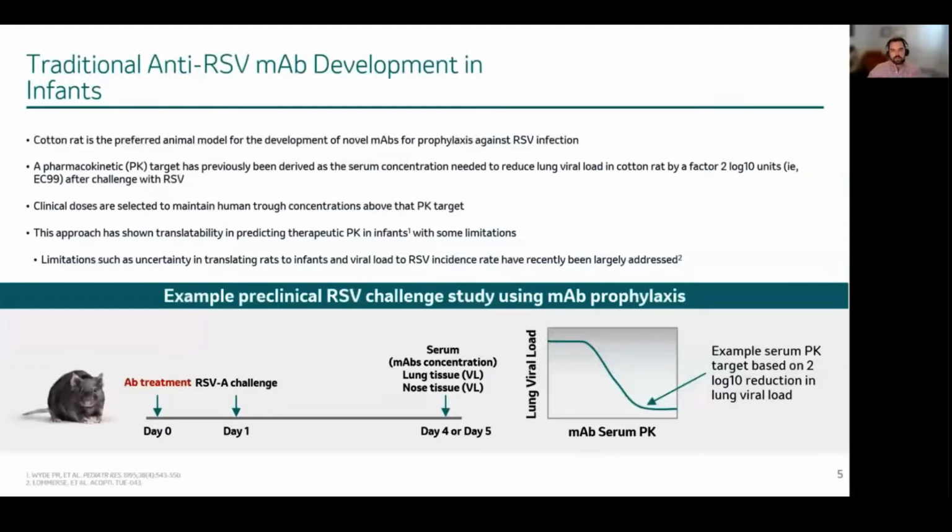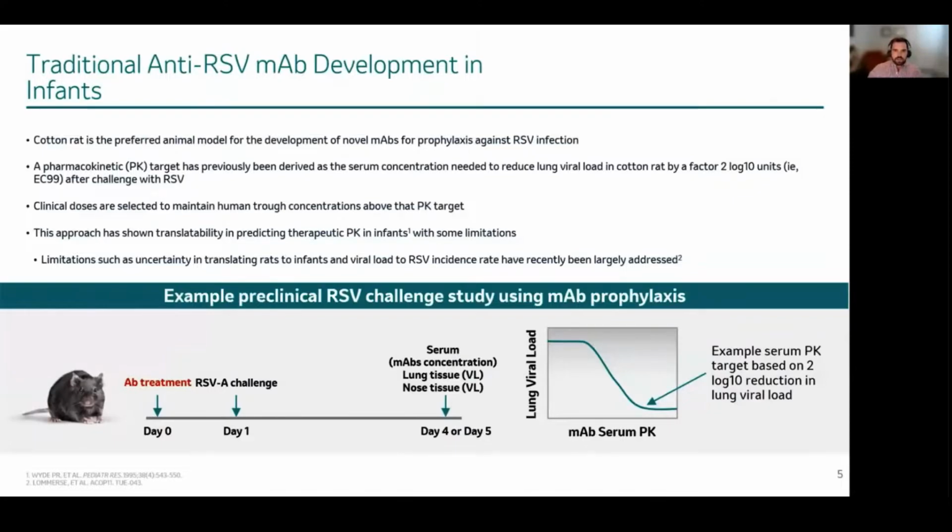So how has development of RSV monoclonal antibodies for infants been done in the past? Well, historically, it's been done based on viral challenge studies in cotton rat. So the figure on the bottom shows a schematic of a typical study design where you administer monoclonal antibody prophylaxis, you challenge with RSV, and then you measure viral load in lung and PK in the serum. And the figure on the bottom right shows how you might set your PK target in the clinic.